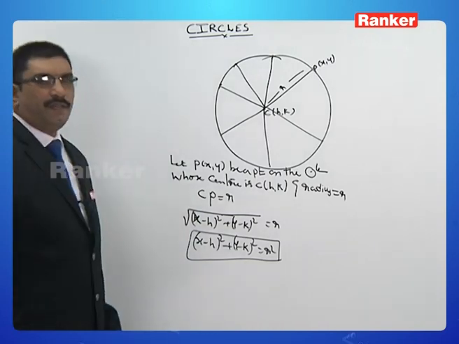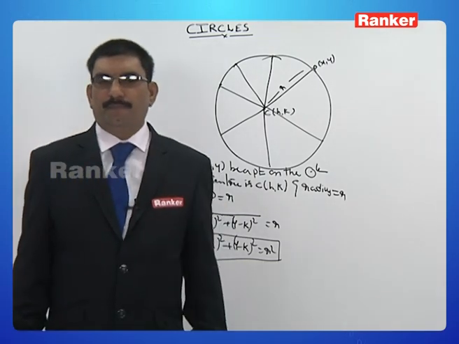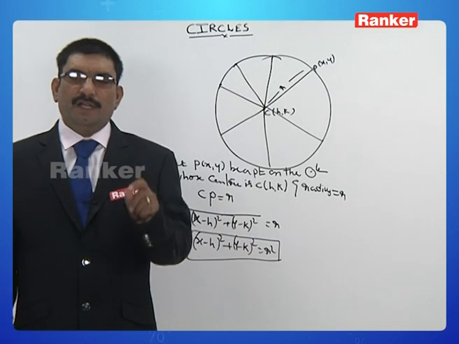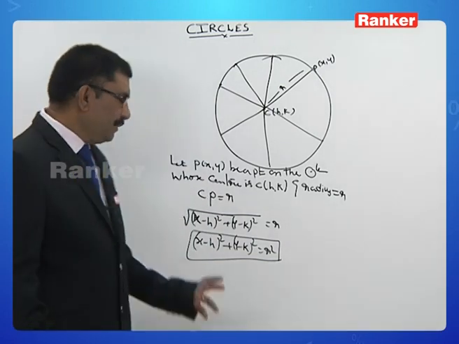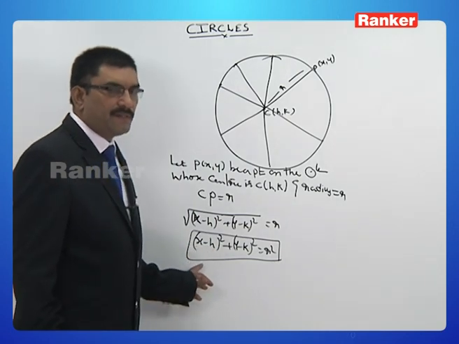This is the equation of a circle having center H comma K and radius R, which is a second degree equation in X and Y.